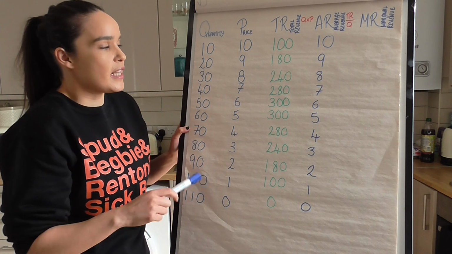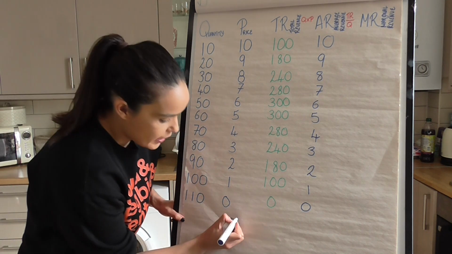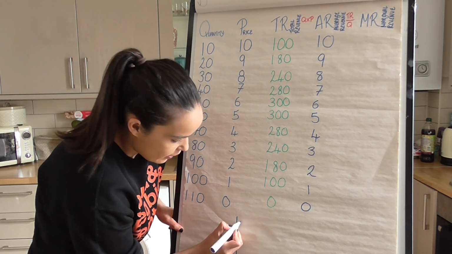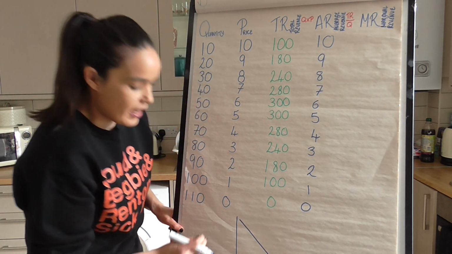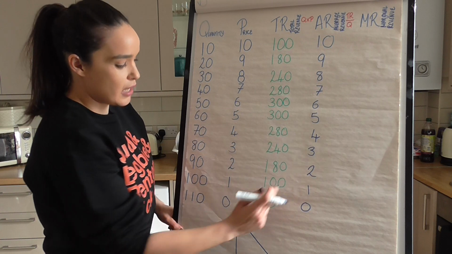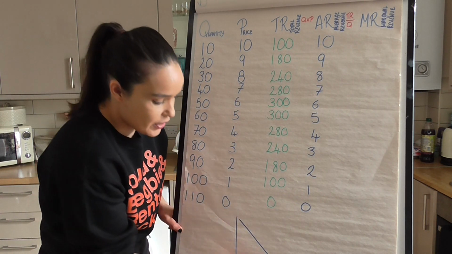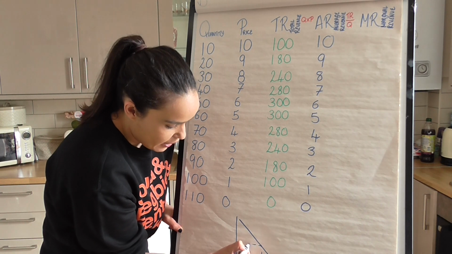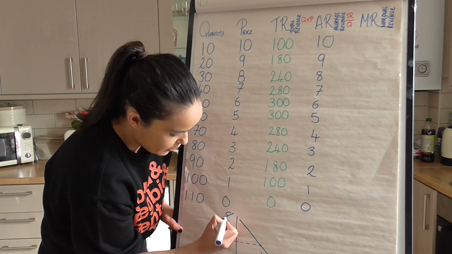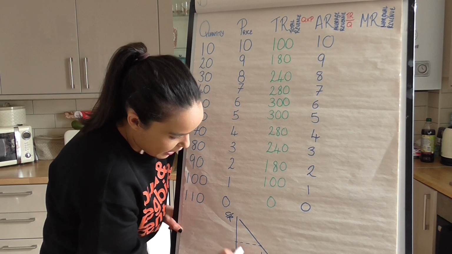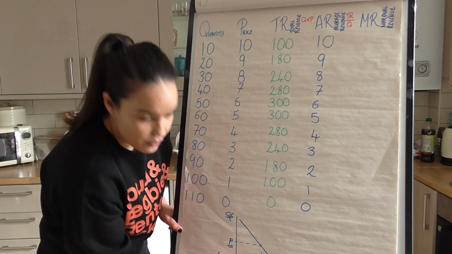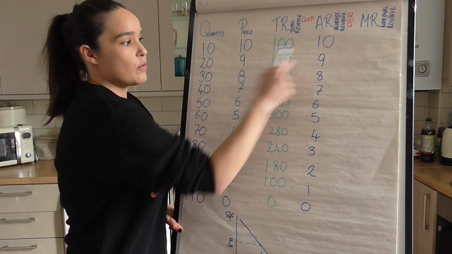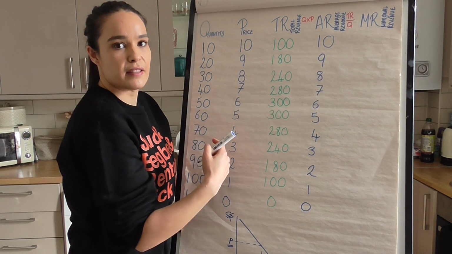And also it illustrates the point that our AR is obviously downward sloping. And remember that when we find our price, we go up to our AR and across. And that's why that equals the price right there, because your average revenue is equal to the price here.